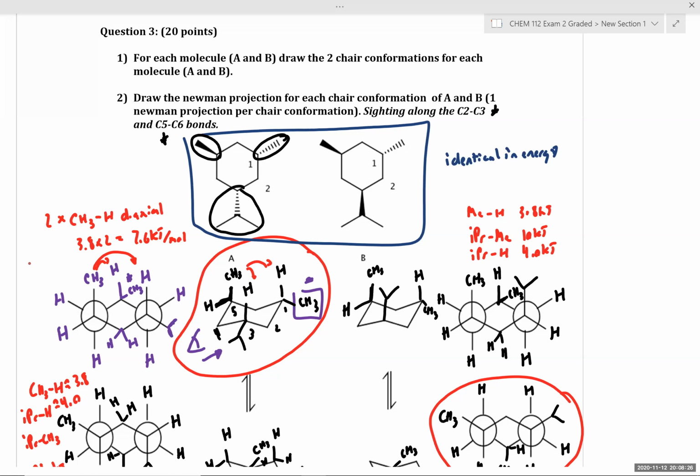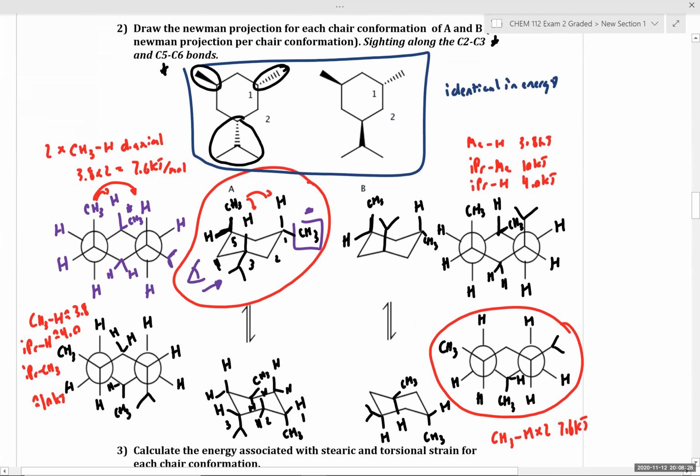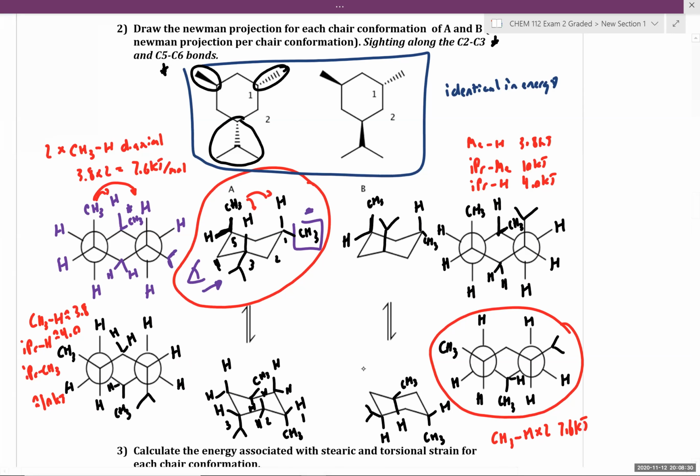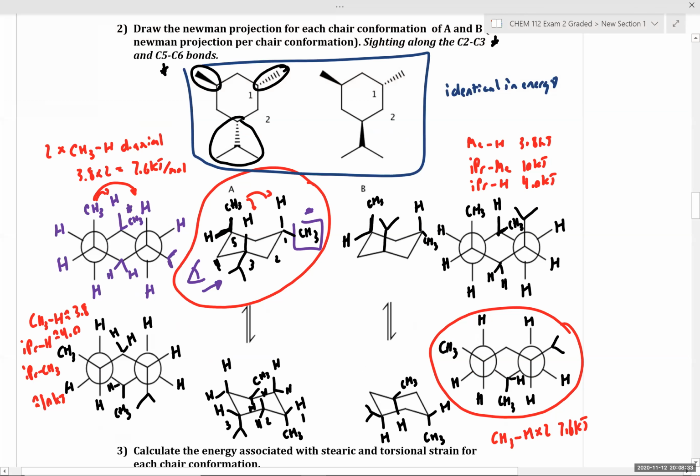So, continuing on, let's draw the ring-flipped product. The way that I like to think of the ring flip product, anything that's pointing up will still be up. Anything that's pointing down will still be down. So at position 1, the methyl is down, except this time, instead of equatorial, the methyl is going to be down, and what do we call that?